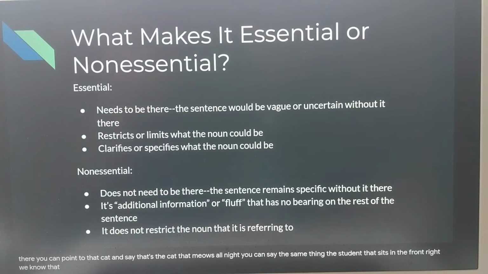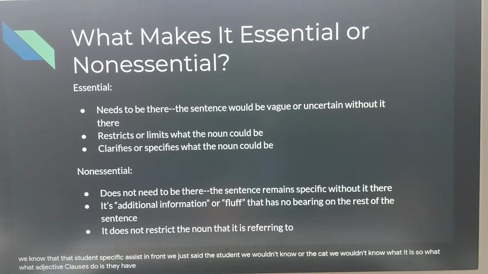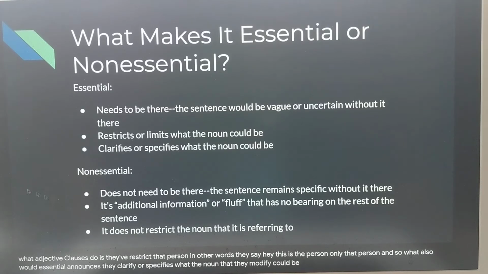We know that's that student specifically that sits in the front. If we just said the student, or the cat, we wouldn't know what it is. So what adjective clauses do is they restrict that person. In other words, they say, "Hey, this is the person, only that person." And so what essential clauses do is they clarify or specify what the noun that they modify could be.